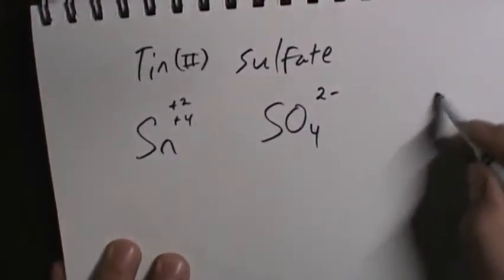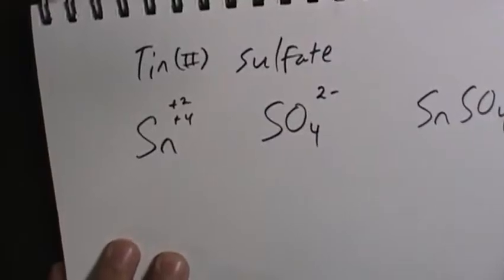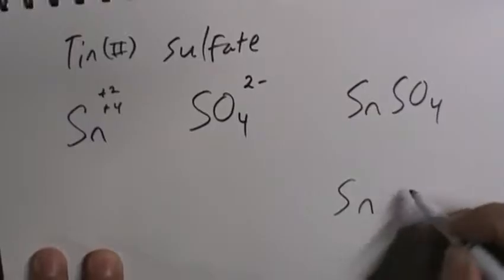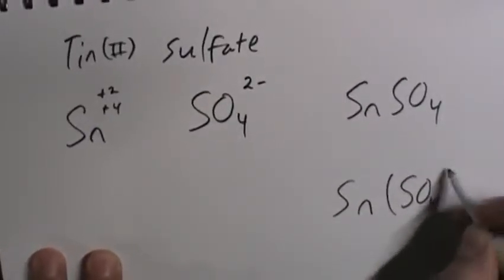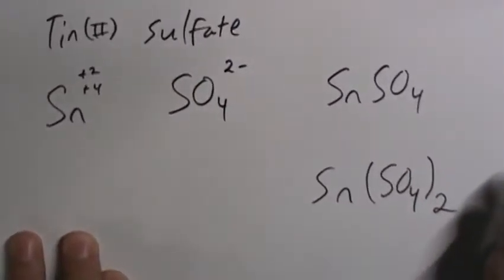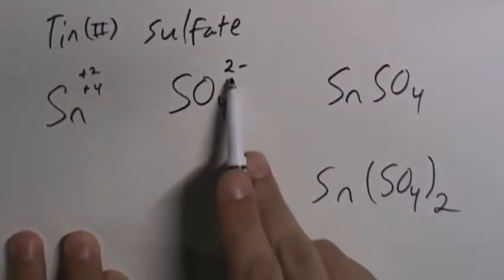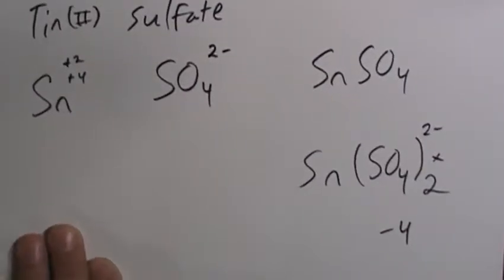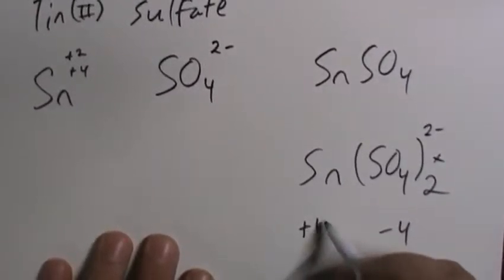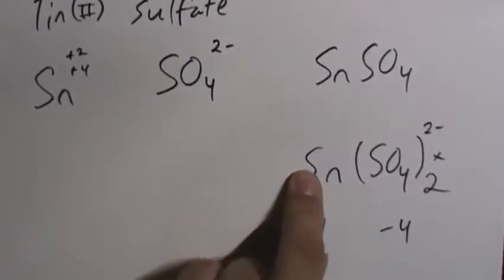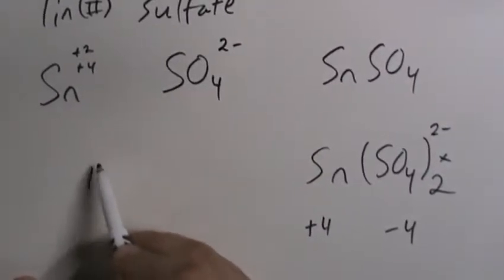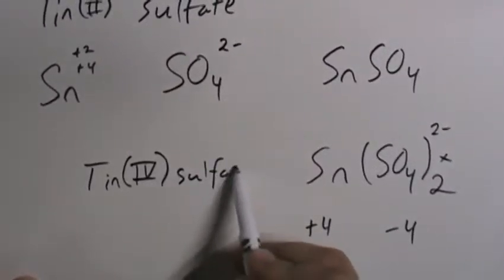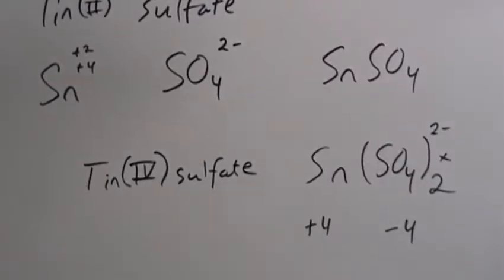Then I would have SnSO4. But what if I had the formula Sn(SO4)2? Well, now I know that sulfate, because it's a -2, I multiply. There's a -4 charge over here. There's only one tin to take it up, so that's a +4 on that tin. So this becomes tin 4 sulfate. 2 words. There's a space there.